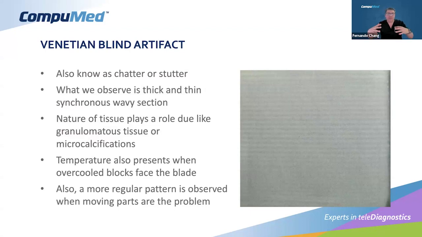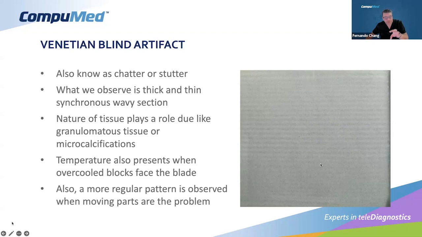It's more uniform because these microcalcifications, these granulomatous characteristics of the tissue, are global, not focal in one area, but across the entire tissue. That's why we can see this pattern of Venetian blind artifact, chatter.